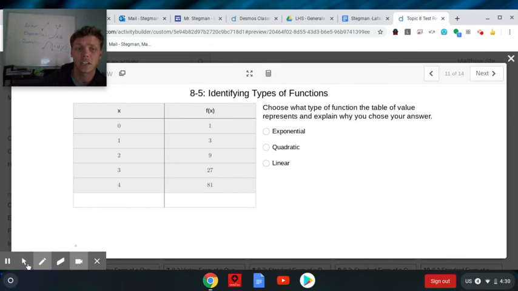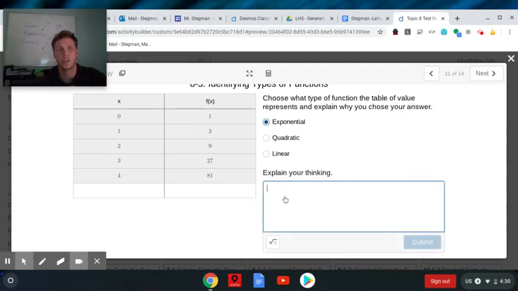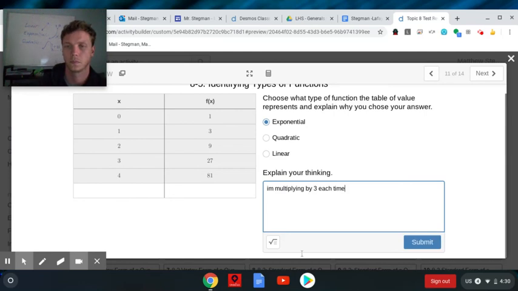And so I can tell that I'm clearly multiplying each time on this one. And so because I'm multiplying, it's exponential. Okay, and then you need to explain. You can just say I'm multiplying by 3 each time, or the function is multiplying by 3. And then submit your work.